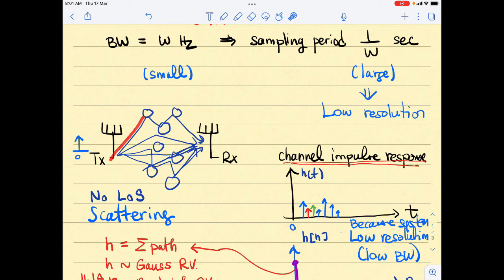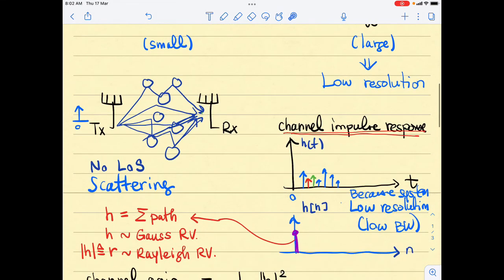You see that the signal will go through many different paths, because there are a lot of objects in the paths, and they could reflect or scatter the signal, and at the end the received signal is composed of signals from multiple paths.